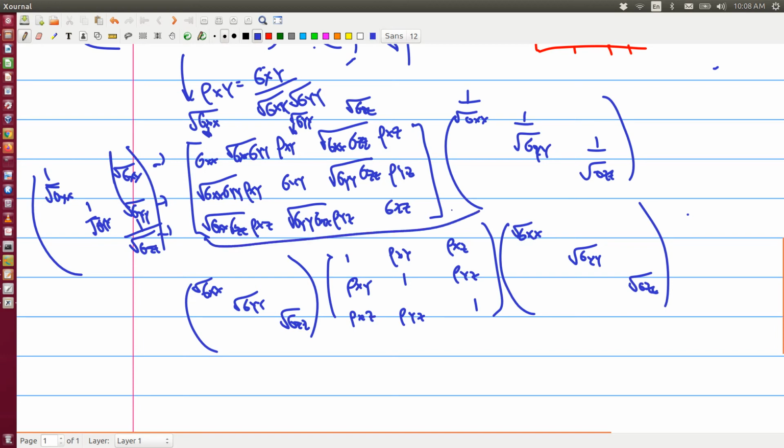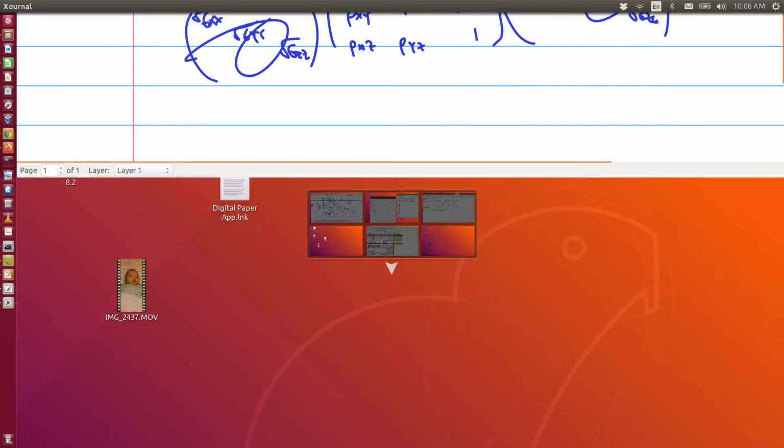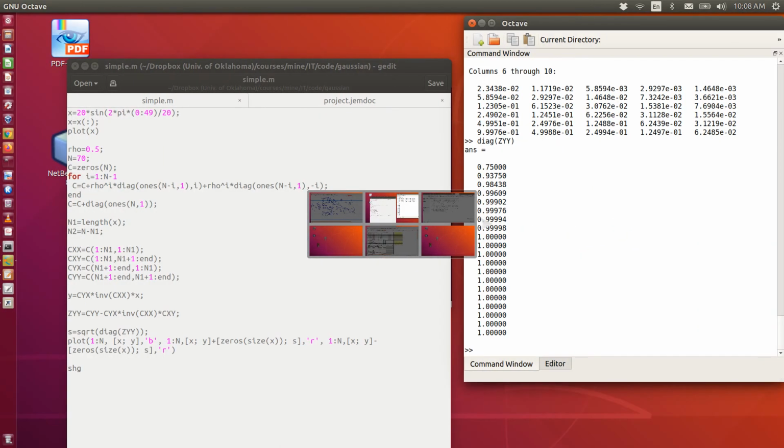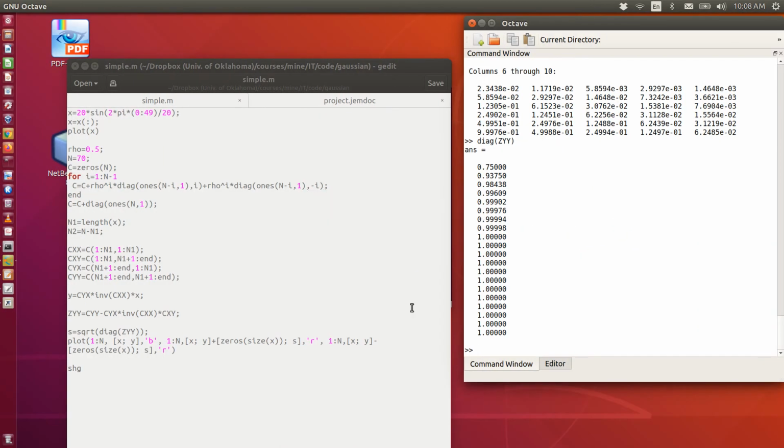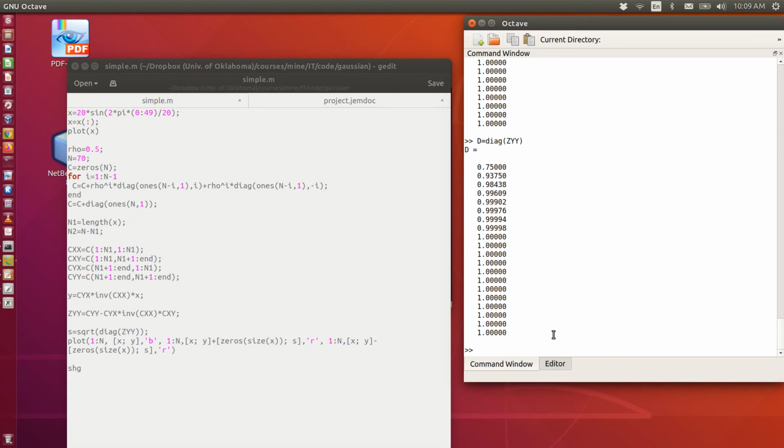From this form, I'll normalize the diagonal into 1 and the off-diagonal to be all rho. So let's try to do that. The diagonal is those sigma x, sigma y, and so on, so let's call it D here, the diagonal, and I want to take the square root of that.